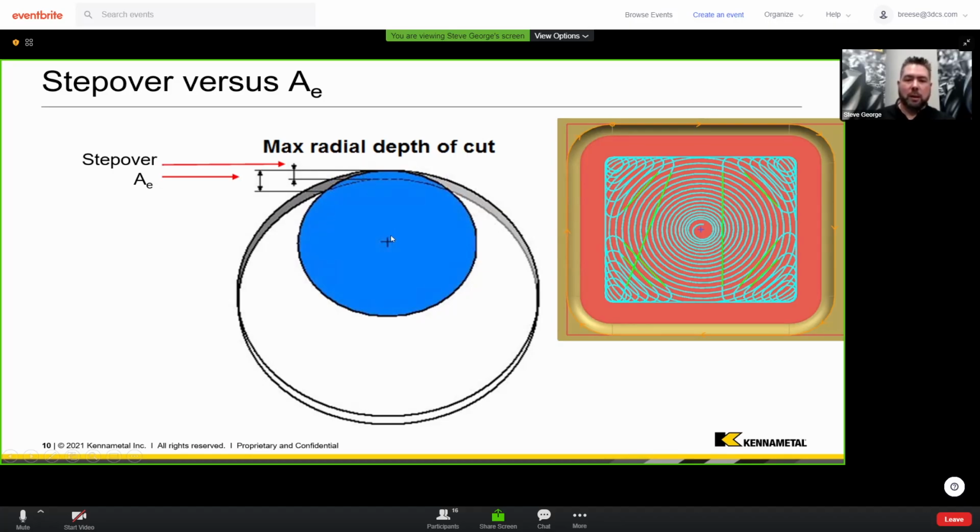Because again, the cutter is moving in a circular pattern. So I'm saying that I'm taking off this much depth of material. That's my step over, right? But when I actually draw it out and look at how much arc of engagement I have, it's actually much, much bigger, okay? That's just something to keep in mind.